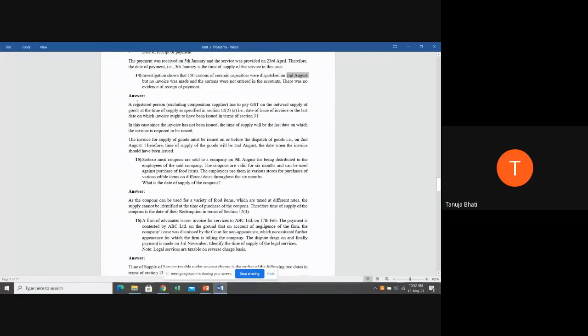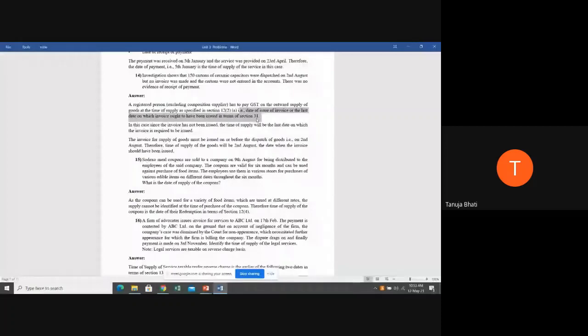A registered person, excluding composition supplier, has to pay GST on outward supply of goods at the time of supply, as per section 12 subsection 2 clause A. That is the date of issue of invoice, or the last date on which invoice ought to have been issued under section 31. Section 31 says the due date in which the invoice has to be issued. You have to see movement of goods or no movement of goods. If movement of goods, the date on which the goods are removed, and in all other cases the date of delivery.